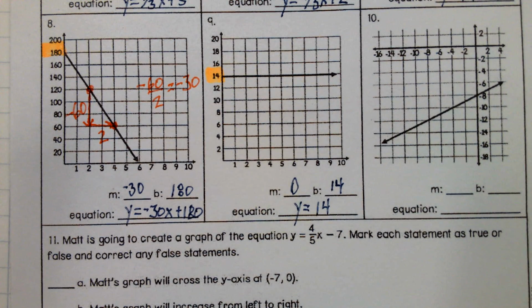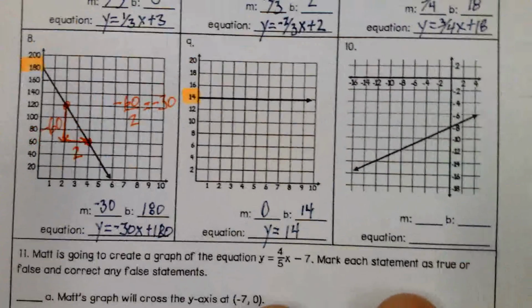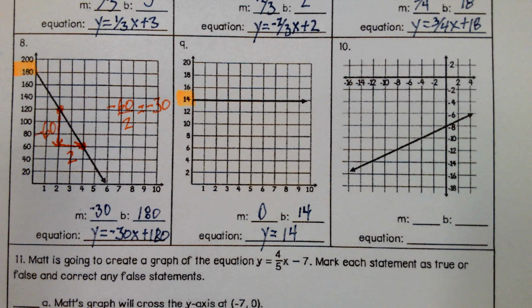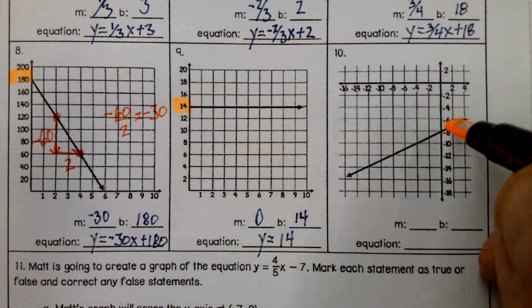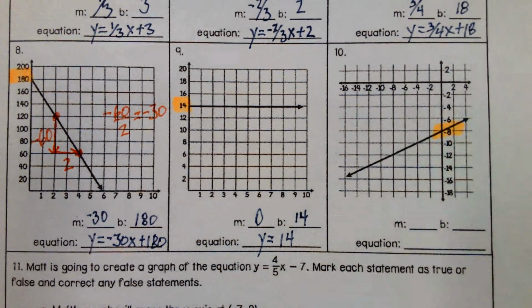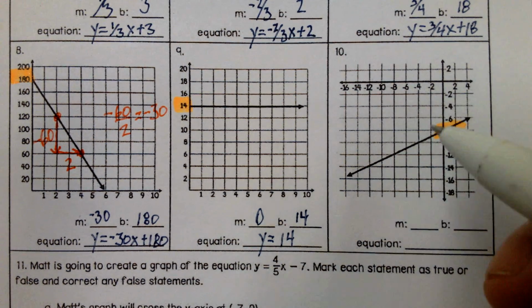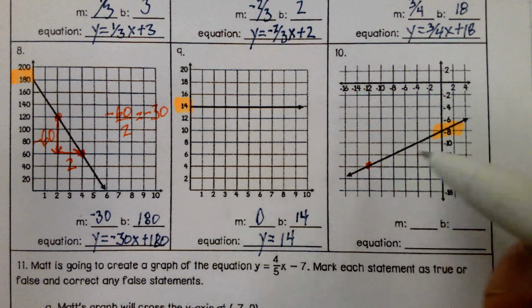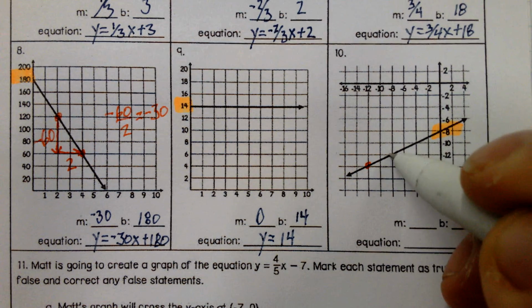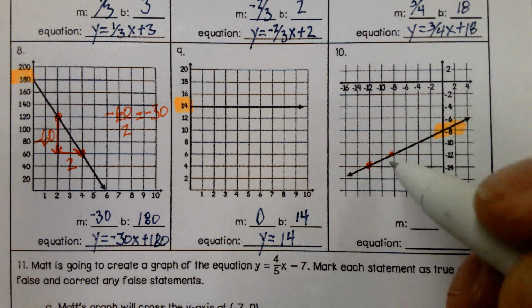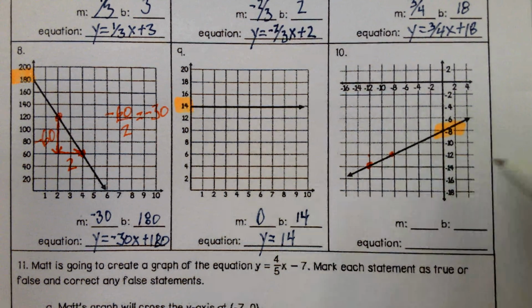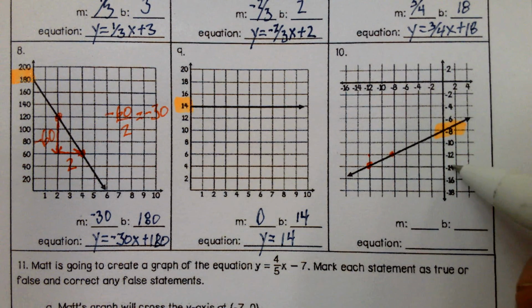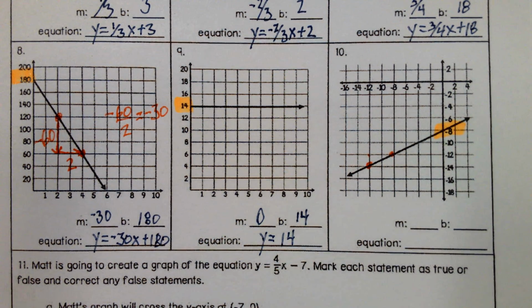Okay. Let's do this one. Looks like we're crossing at -8. And we have a positive slope of something. I go from negative 14 to negative 12. How much did I go up?